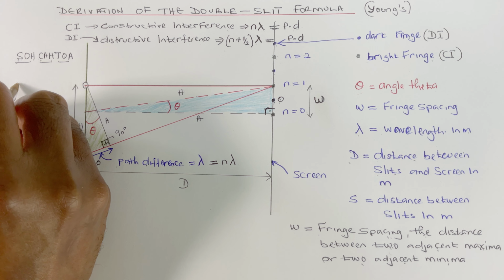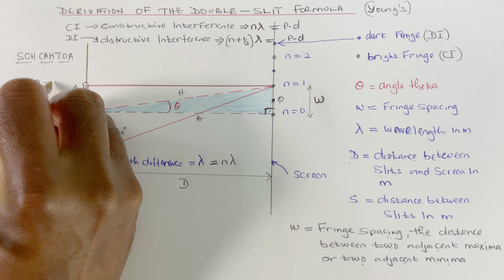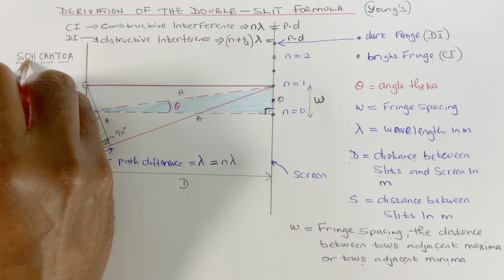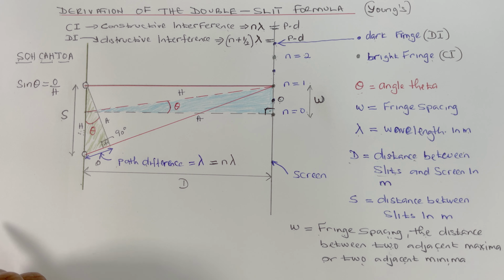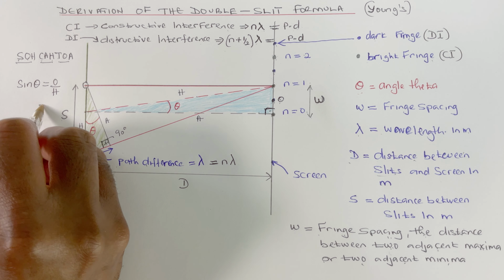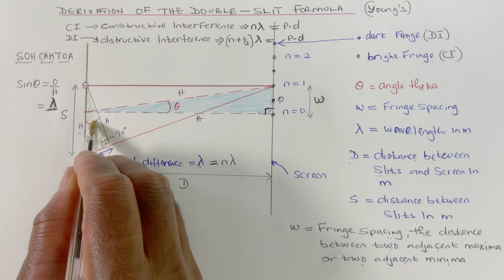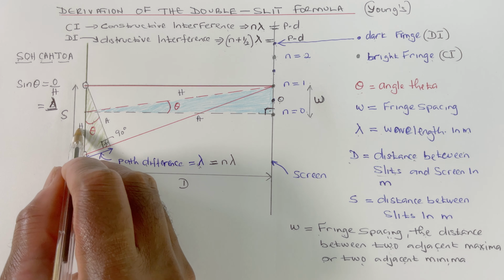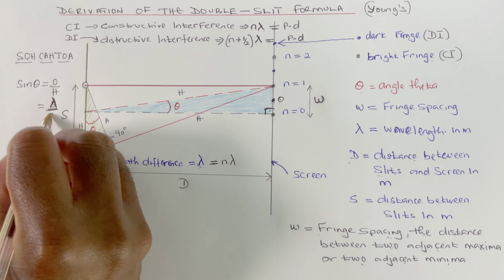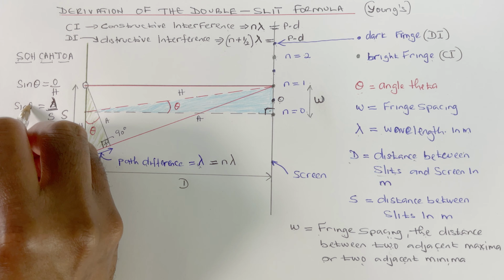Sine of an angle theta is opposite over hypotenuse. The opposite of this angle is lambda, and the hypotenuse is S.